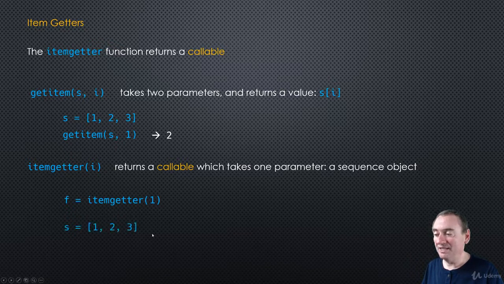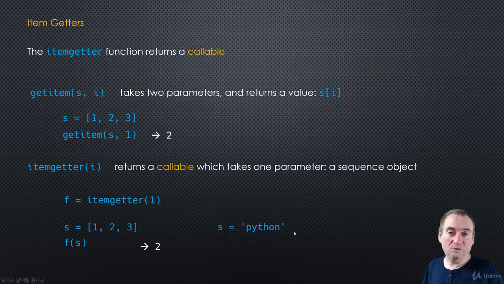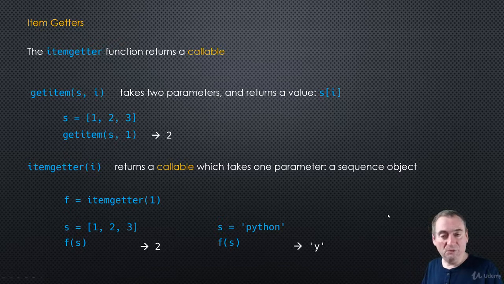So for example, if s is 1, 2, 3, then f of s will return 2. If s, on the other hand, is a string, also a sequence type, then f of s is going to return y, because that's the second element in the string. So you can see that item getter and get item are very related. There's a little bit of a difference here, though. Get item requires two arguments.